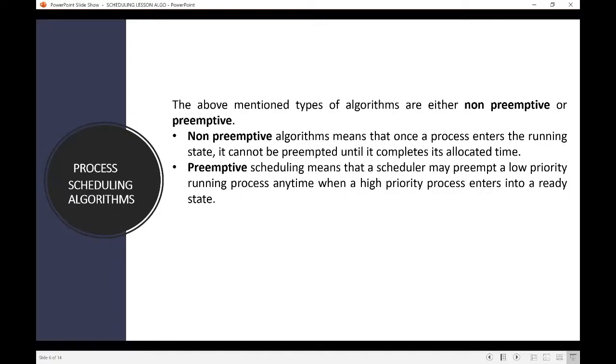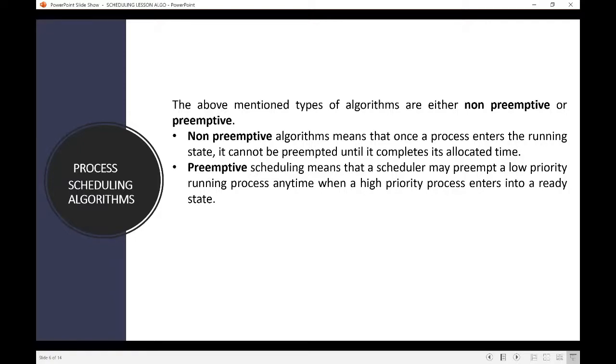It has to spend 10 seconds there. It has used, let's say, 3 seconds. There comes a process with high priority.